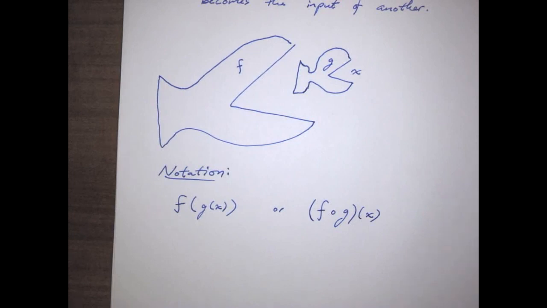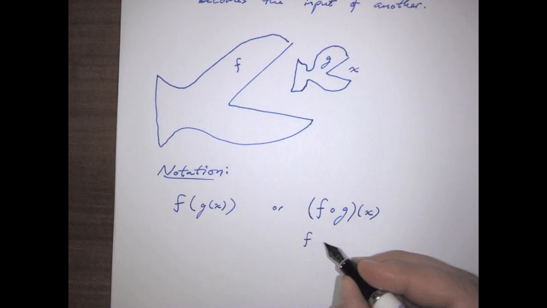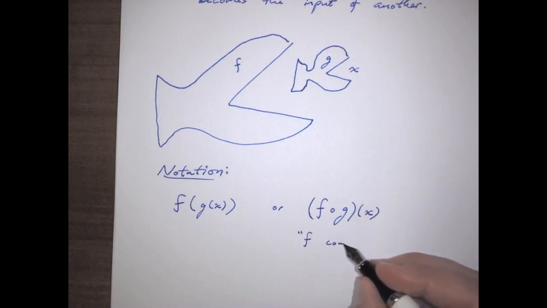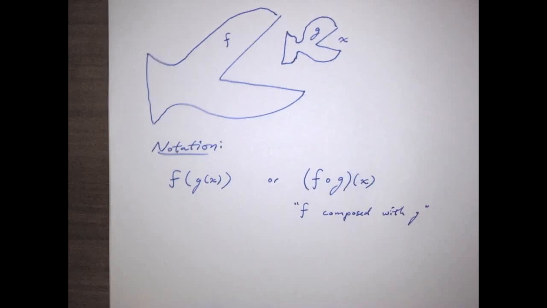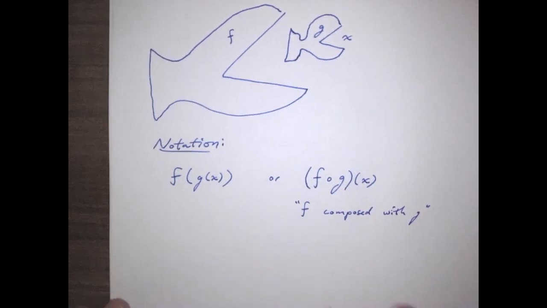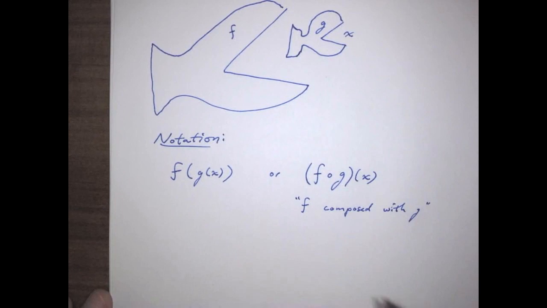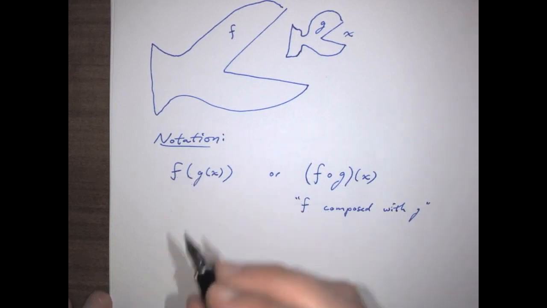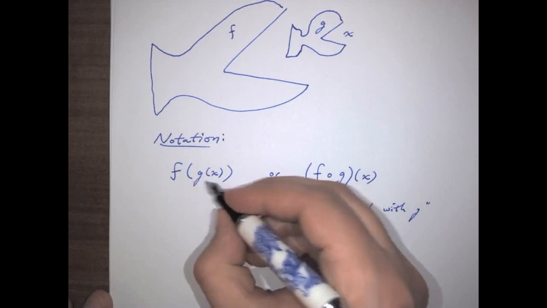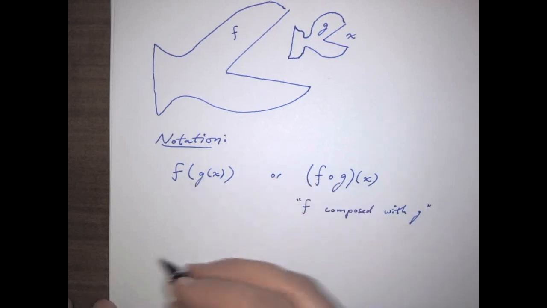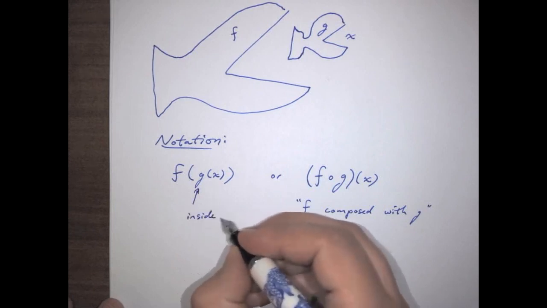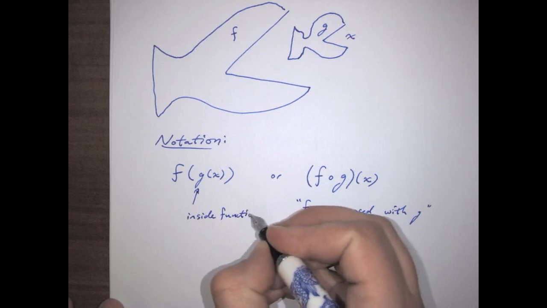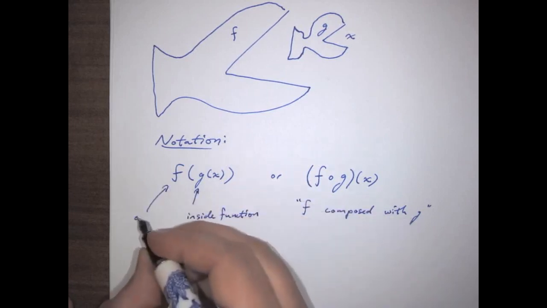And we write it like that, and we would say f composed with g. Okay, so there's that, and then the meaning here: g is the inside, f is the outside, so this is the input of f. So the output of g becomes the input of f. And so here this is called the inside, and this is called the outside function.